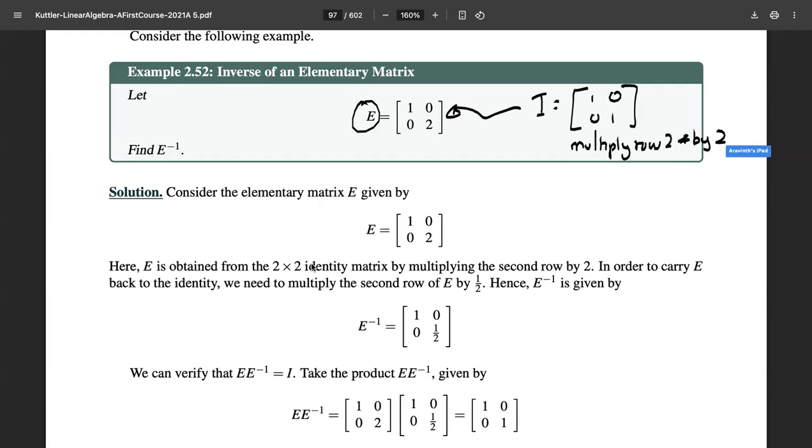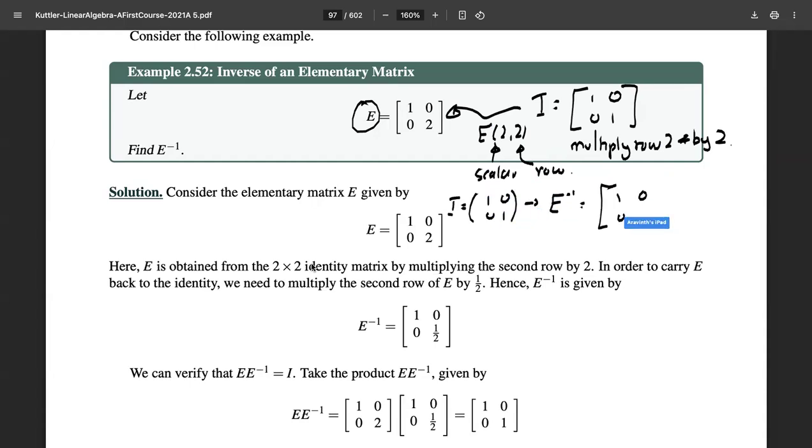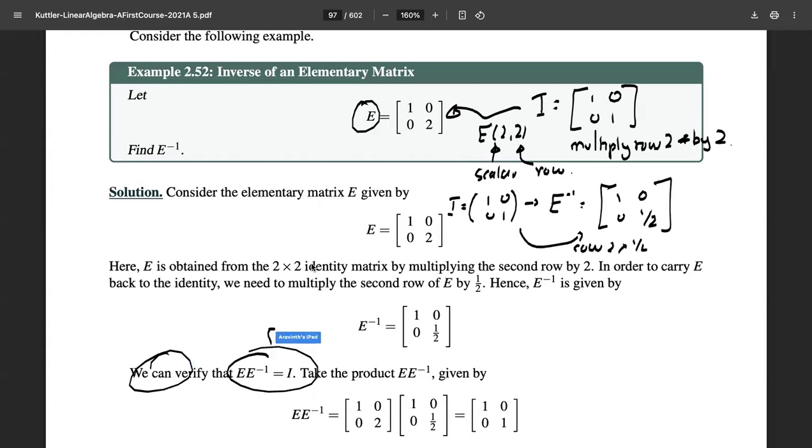So I'm applying E, where this is the scalar and this is the row. How do I get the inverse matrix? I multiply the same row of I, 1 0 0 1, by 1 over 2. So this would be row 2 by half. That will be my inverse matrix. And we can actually verify that E times E inverse is I, and also E inverse times E is I.